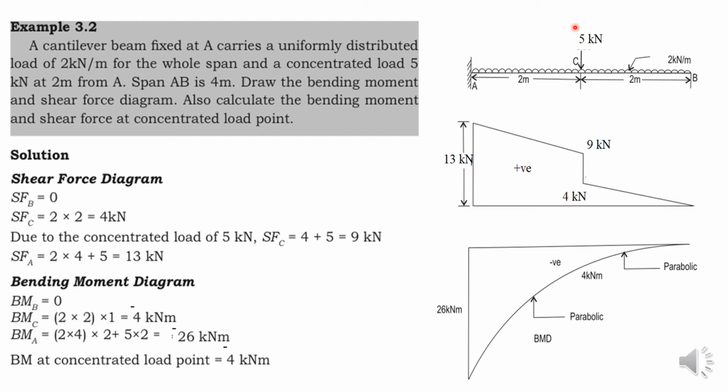So apply h equal to 2 meters, so that you will get the value of shear force at A, and that will be equal to 13 kilonewton. See, the variation is from 9 to 13, it is an inclined line. So this is the variation of the shear force diagram. So put it as positive and shade the region also.